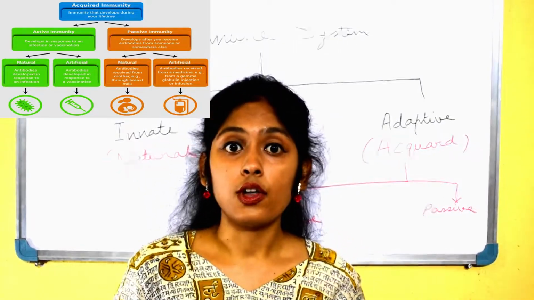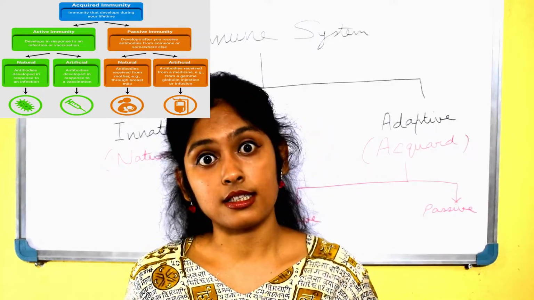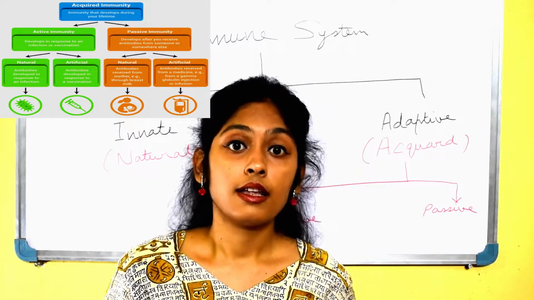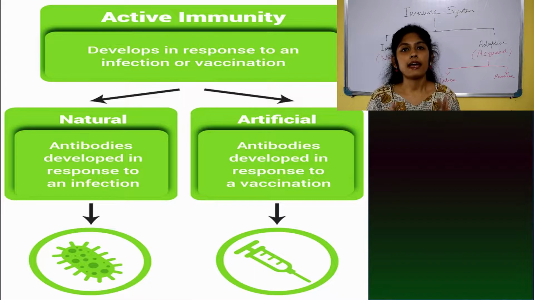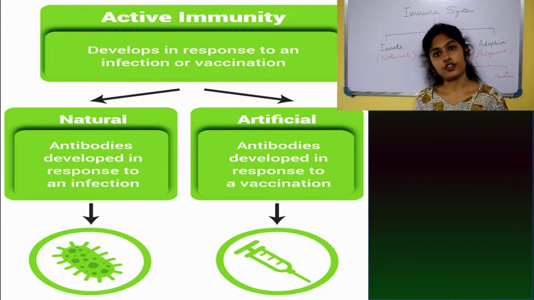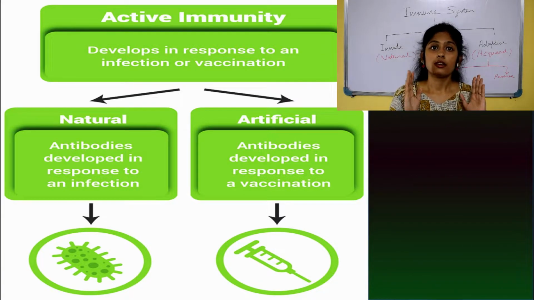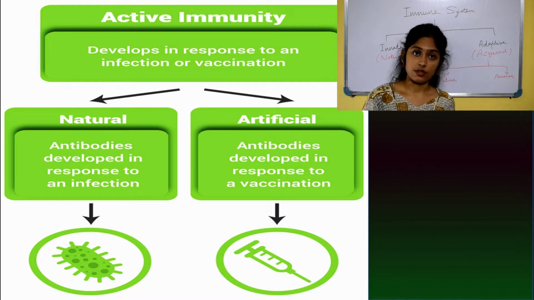Active immunity develops slowly over a long time, like days or weeks, but persists for a long time, usually for a year. Active immunity may be acquired either naturally or artificially. Means it's of two types, natural active immunity or artificial active immunity.